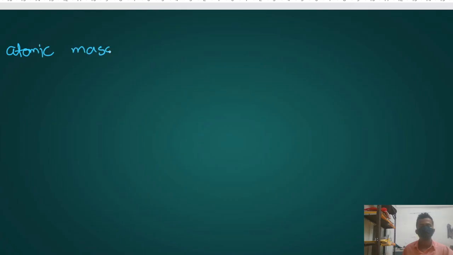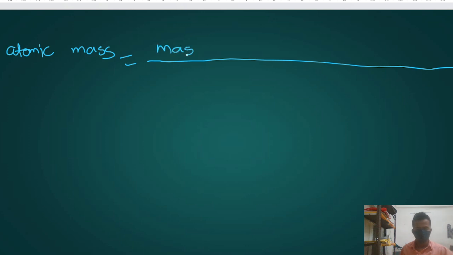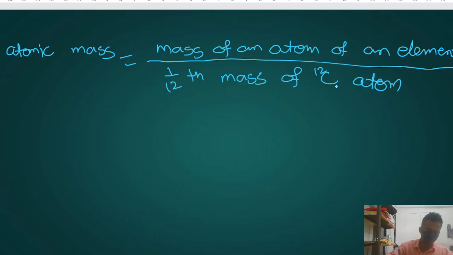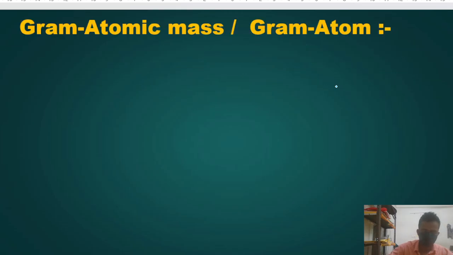Atomic mass is equal to the mass of an atom of an element divided by 1 by 12 mass of a C12 atom.